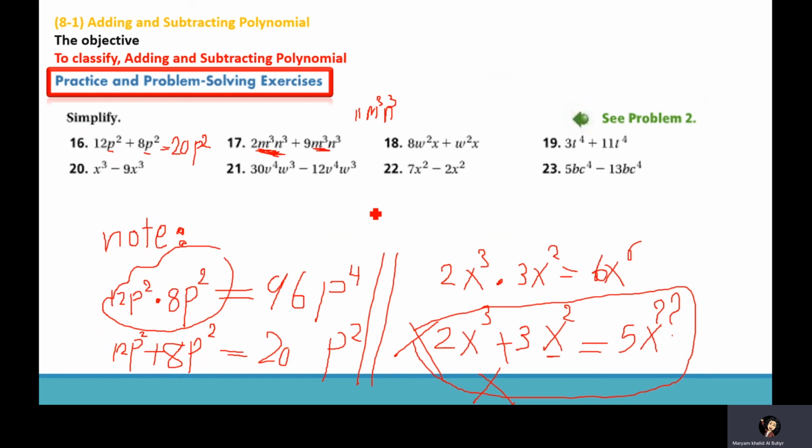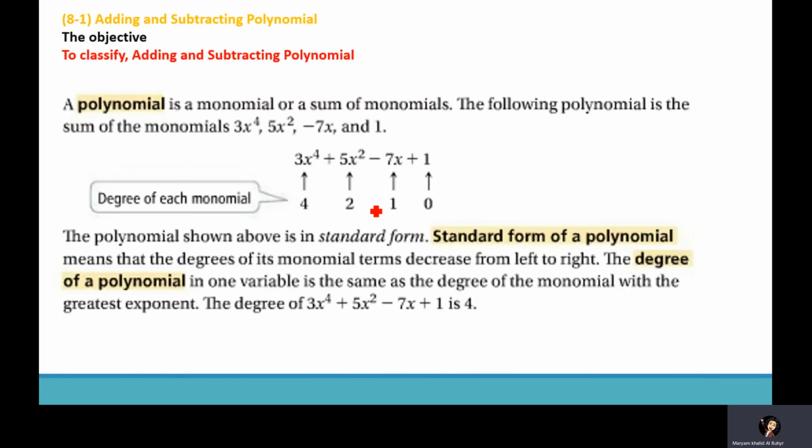So here they give you more detail about a polynomial. A polynomial is a monomial or a sum of monomials, which means many terms. As I told you, a monomial is just one term. So the sum of many terms like this will be a polynomial. The following polynomial is the sum of monomials.